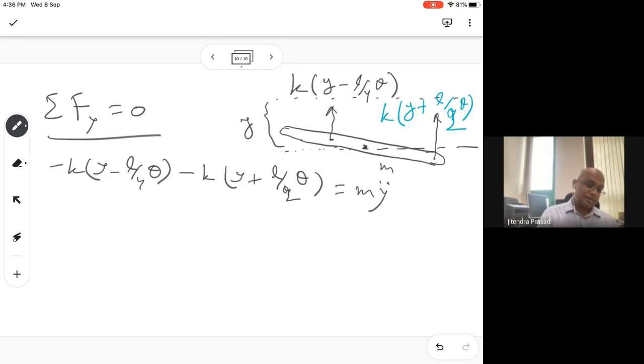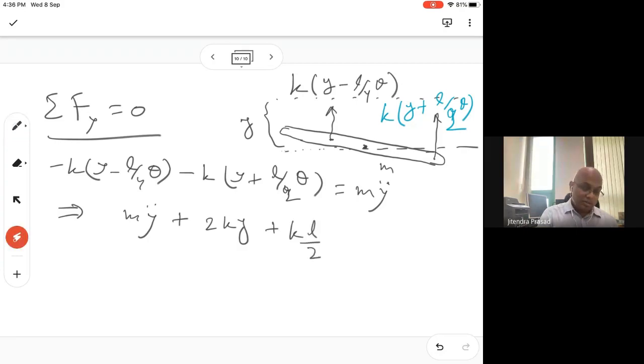As usual, we wrote it like this. So this equation is nothing but m y double dot, then plus 2Ky, and then plus K L over 2.